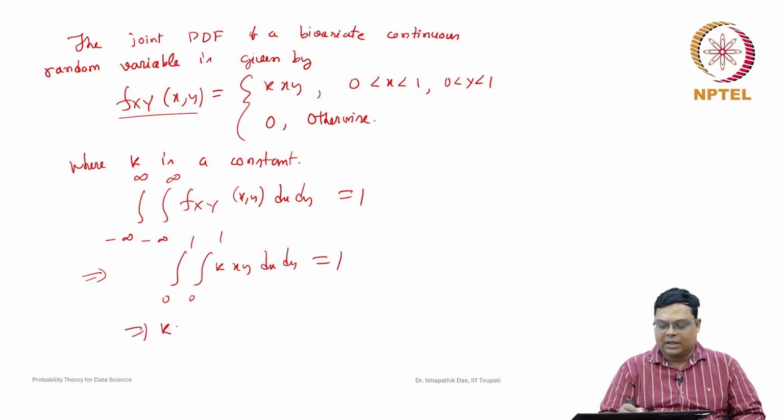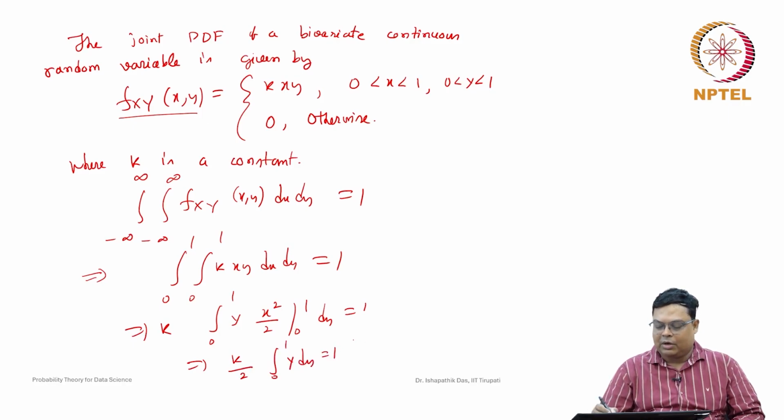Now, we have to do the integration. First, integrating with respect to x, this is nothing but x squared by 2 from 0 to 1, and then dy, this is equal to 1, which implies k times x squared by 2, with the limit 1 by 2 minus 0, actually 1 by 2. So, this is nothing but k by 2 times the integral from 0 to 1 of y dy, which should be equal to 1.